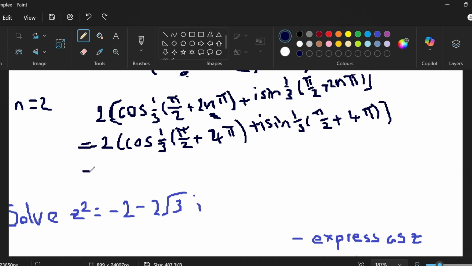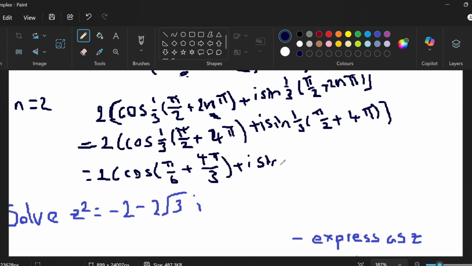Now simplifying this again, I'm going to get 2 times cosine of, distributing this 1/3, 1/3 times pi over 2, that's pi over 6, plus 1/3 times 4 pi is 4 pi over 3, plus I sine the same argument here.